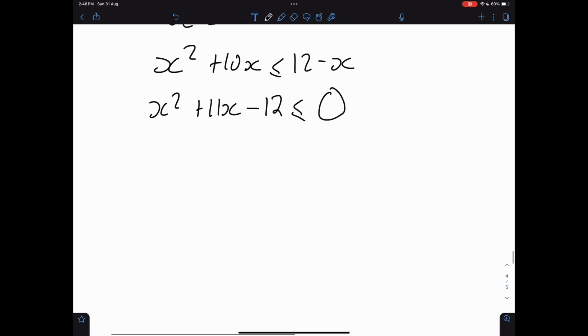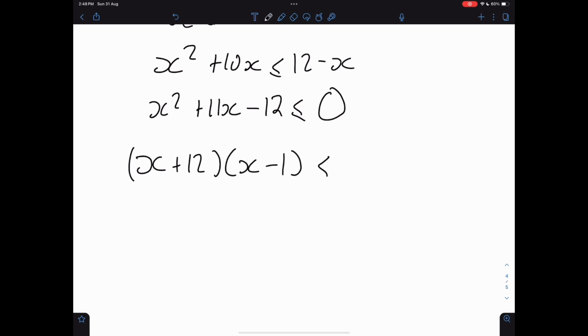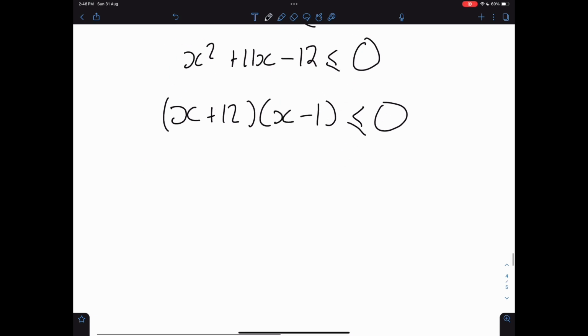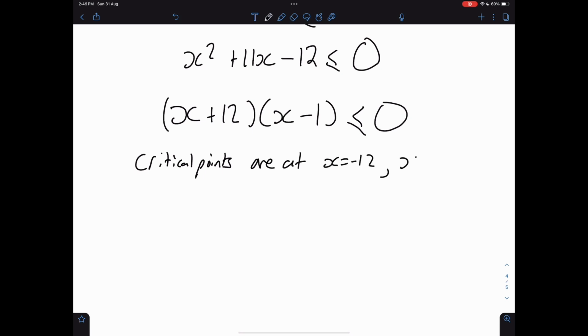And now we factorise. 12 and, let's see what could work here. I think 12 and minus 1 could work. And what we would say is our critical points, aka our roots, are at x equals minus 12 and x equals 1.